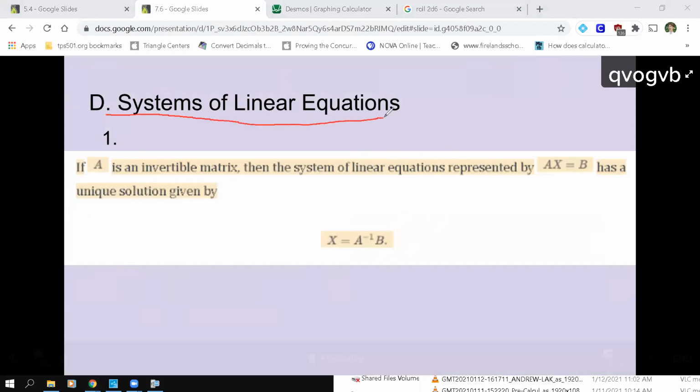For subpoint D, I do want to make sure I lecture over how to get a system of linear equations solved with inverses. And all you really need to write down is this.